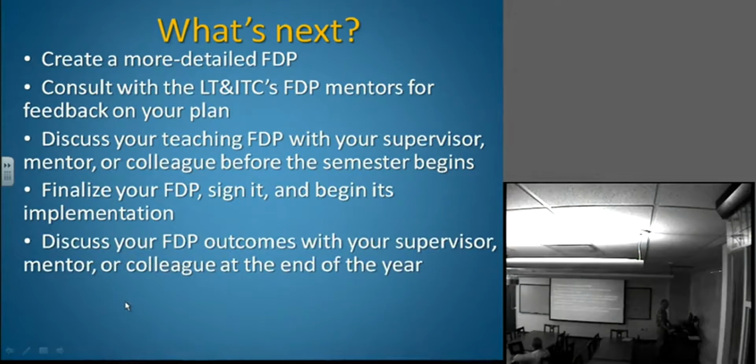Okay, so then if you do have one and you're implementing it, say in the spring, then at the end of the year, that's the time to go back. That is a crucial step for any kind of goal setting. Again, the research is very strong that you monitor what you're doing, and then at the end you see if you've actually met that. Because some of your goals, even if your peers or your department chair say these are good goals, might be unrealistic for you. You really couldn't do that, and maybe you should shift.